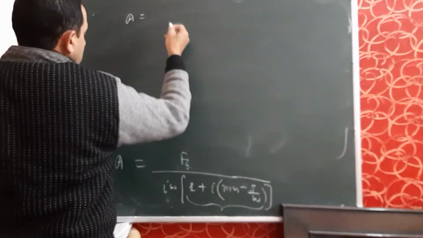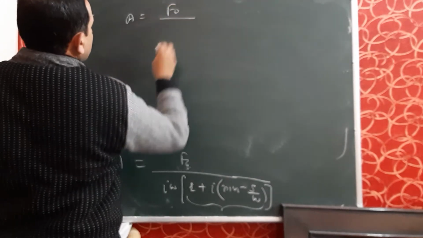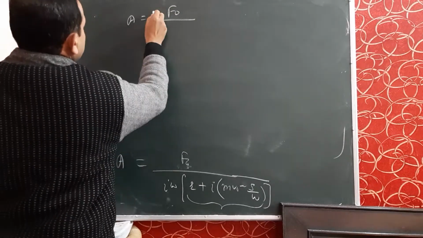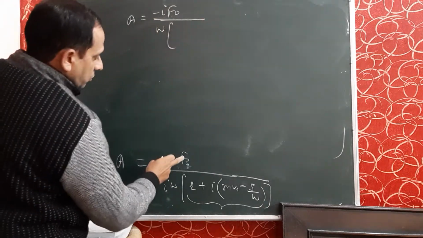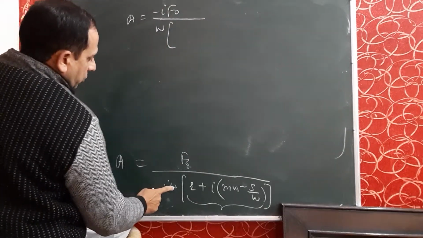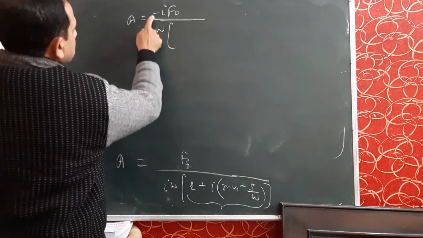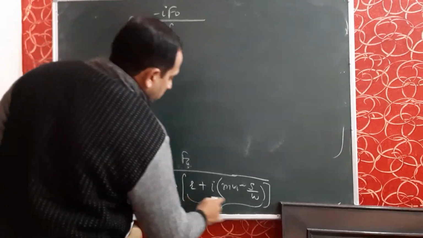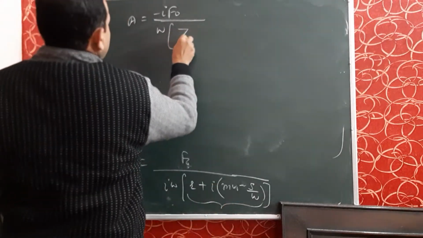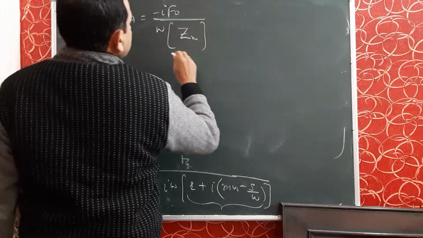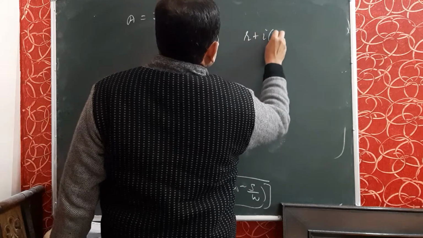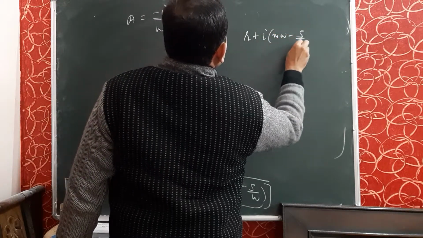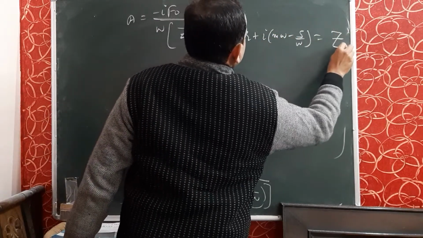So this is A, and it is F naught, and 1 upon iota is minus iota, into omega. So F naught is F naught, omega is omega, and 1 by iota is minus iota. And this one is the impedance Zm. So I have put R plus iota m omega minus s by omega as Zm.